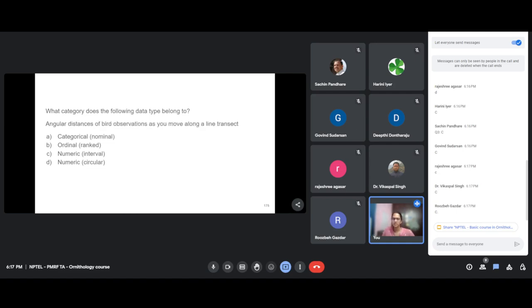Okay, next question is angular distances of bird observations as you move along a line transect. What type of data is this?